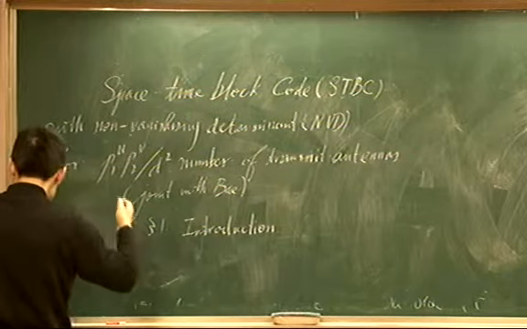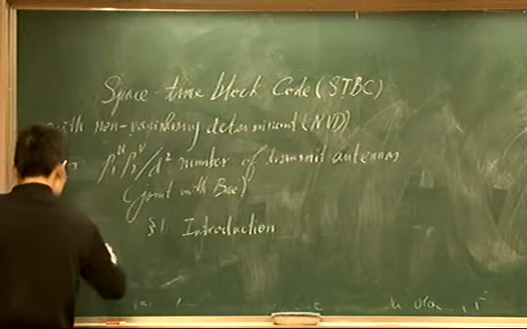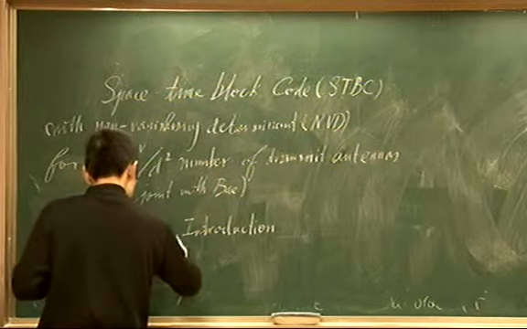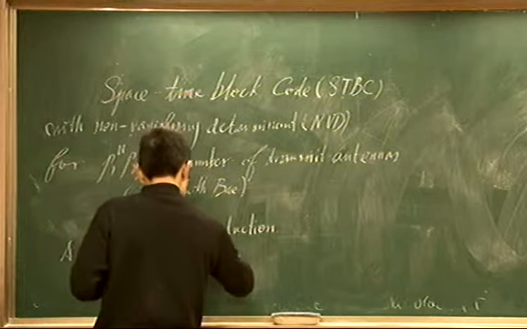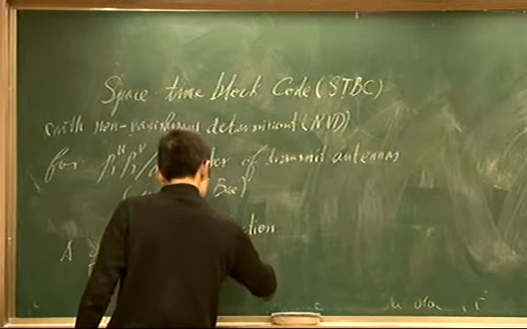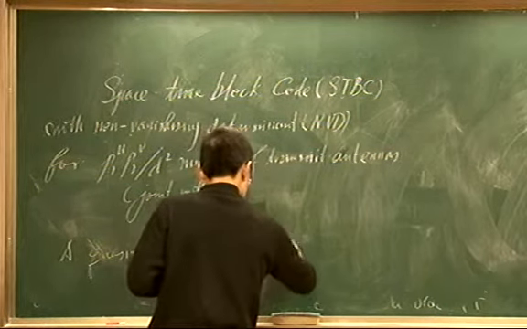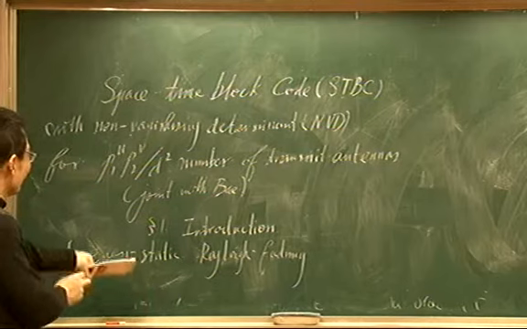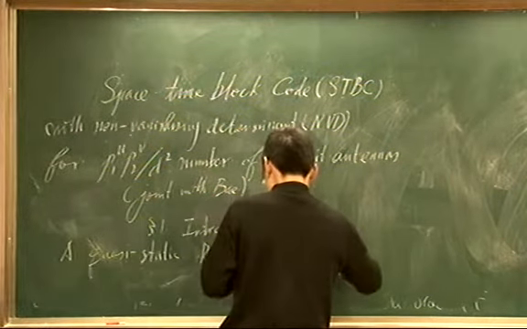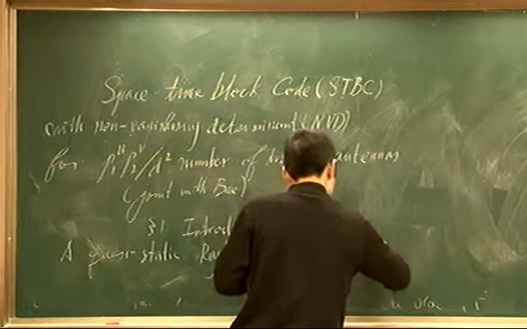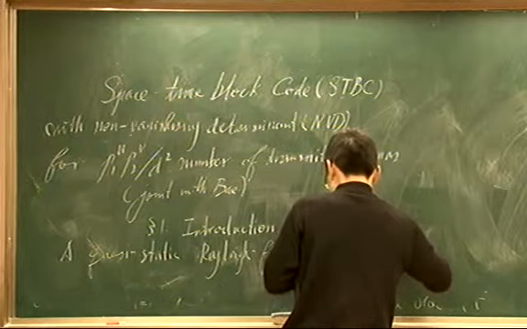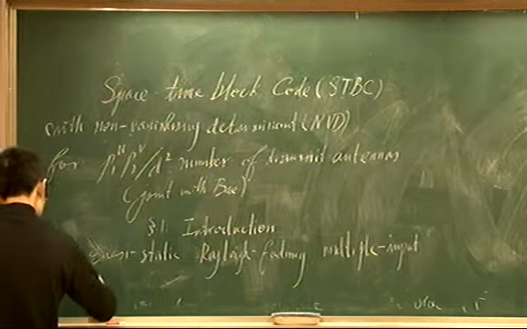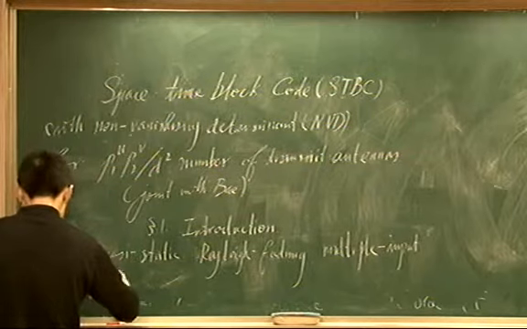I give a model about these things: a queue, static, Rayleigh fading. These words come from the engineering world. Here is a new table: input, and output, channel.